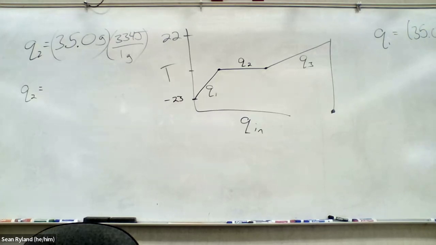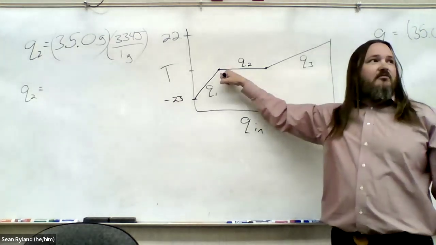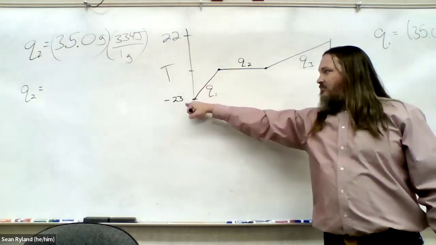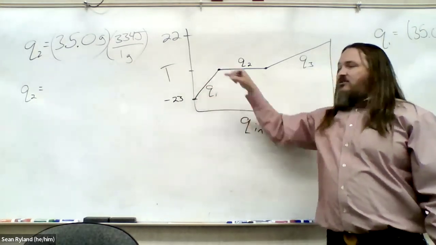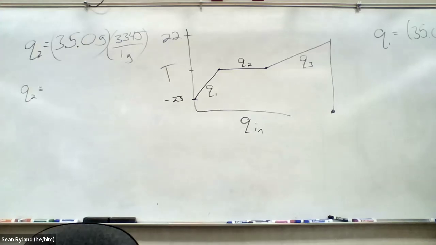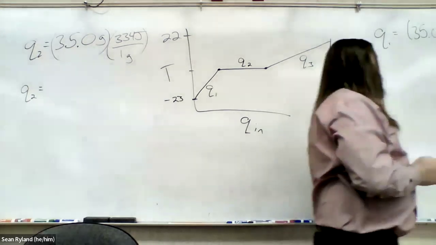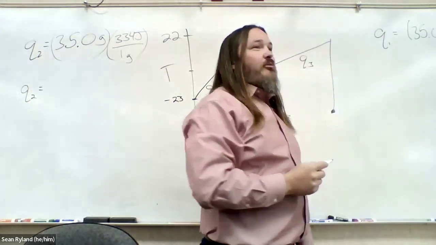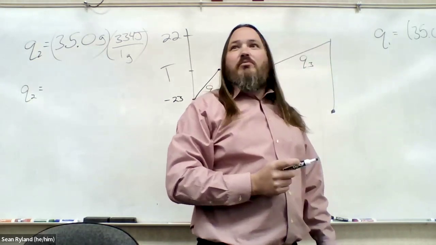The ice stops changing temperature once we get to 0 Celsius, so we're going from -23 to 0. That looks really familiar, right? We've done a bunch of these Q problems now.